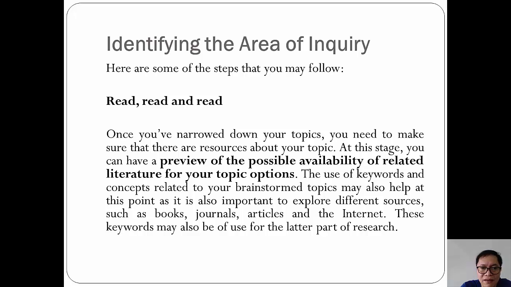So at this stage, you can have a preview of the possible availability of related literature for your topic options. The use of keywords and concepts related to your brainstormed topics may also help at this point, as it is also important to explore different resources such as books, journals, articles, and the internet. These keywords may also be useful for the later part of the research.